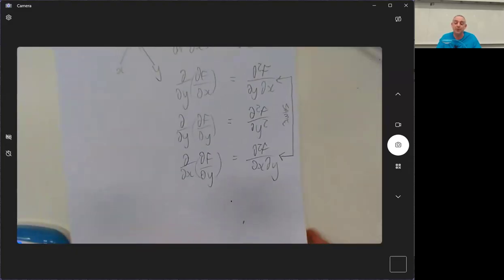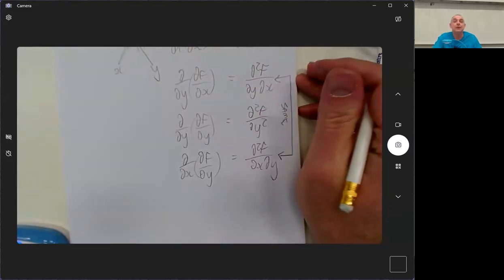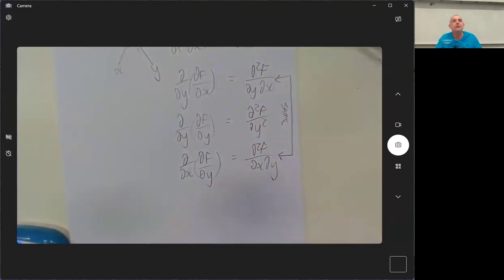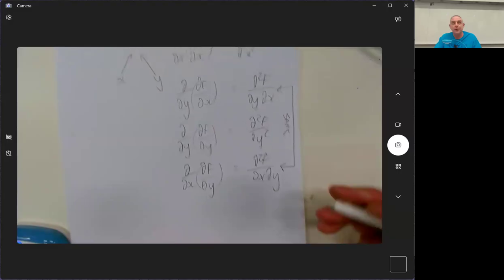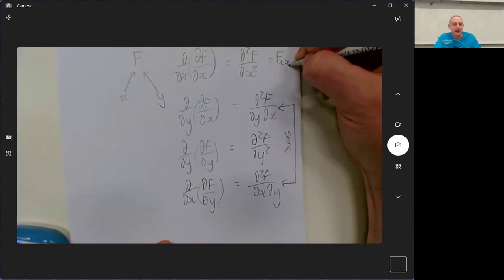The only way to make them different would be to cook up some crazy function that had different formulas in different places, like with one of those big branchy things. So those are the same. I should tell you another notation for this. This is f differentiated with respect to x and then x again, so f xx.